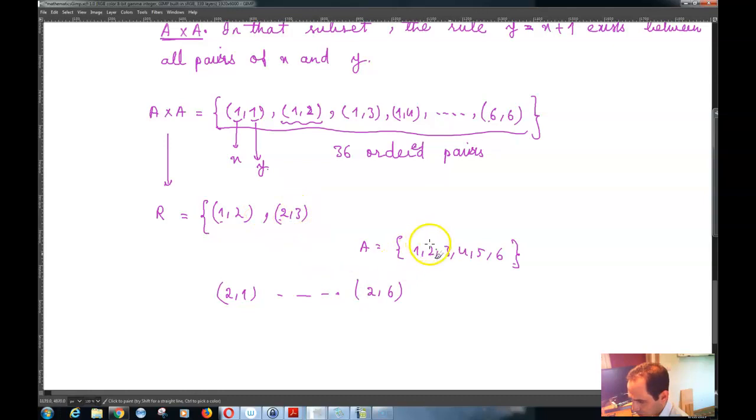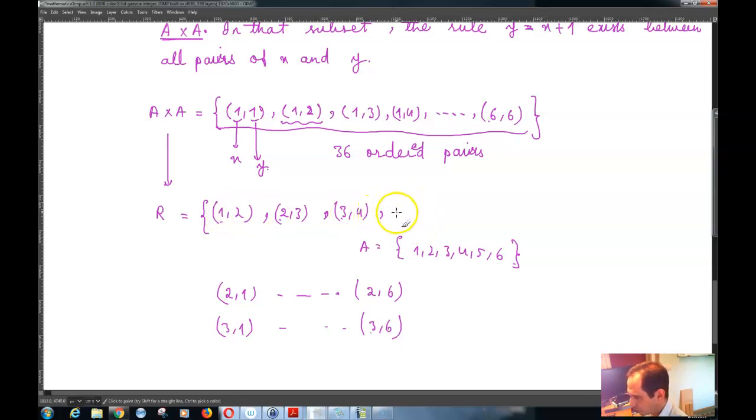Then you start with 3, 1, 3, 2 all the way up to 3, 6. On this list, you go 3, 2, 3, 3, 3, 4. So 3, 4 is going to be a good candidate for us.